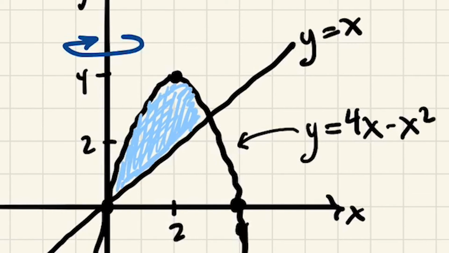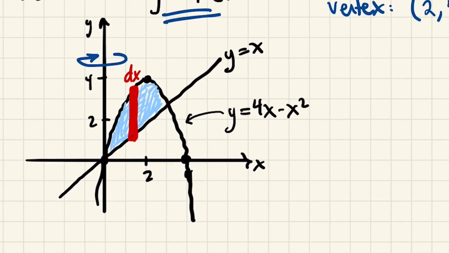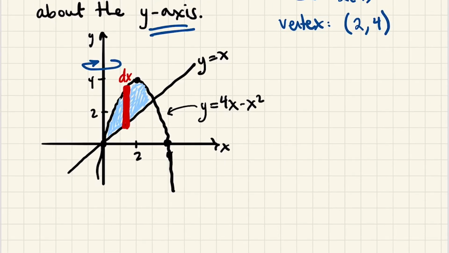And this particular region, it's very clear that integrating with respect to x is the best option. Integrating with respect to x means that is the shape of our rectangles, with the narrow dimension being dx.